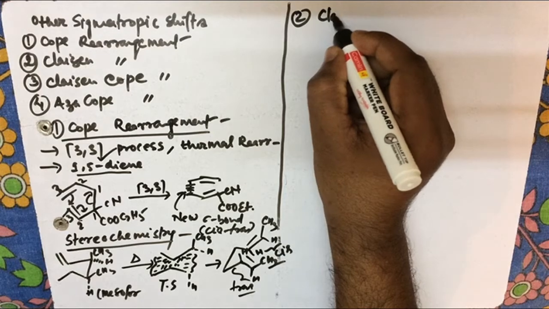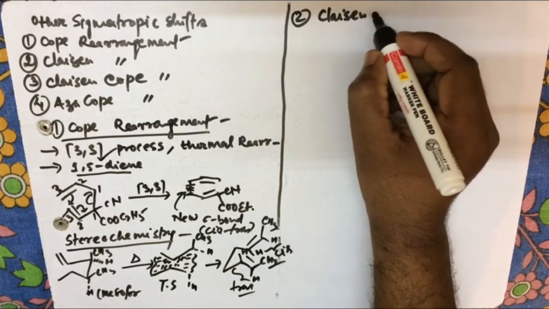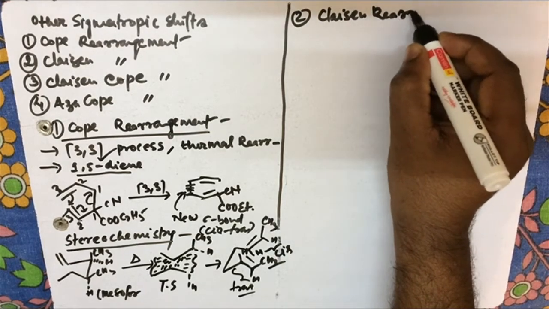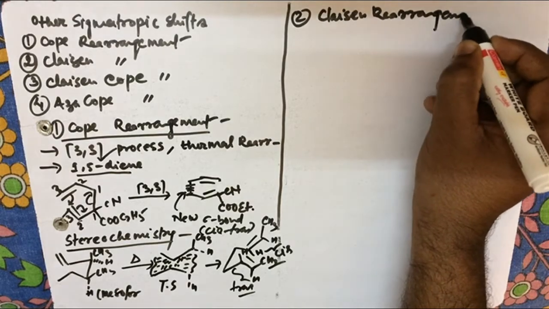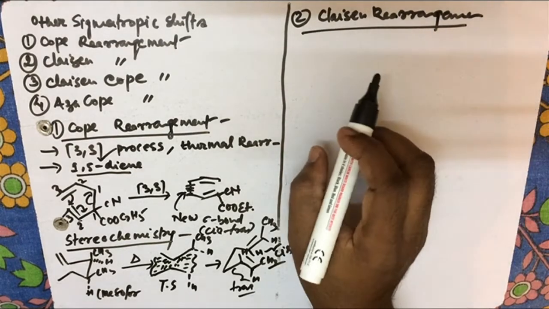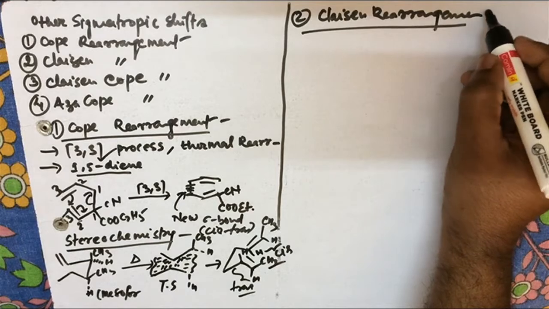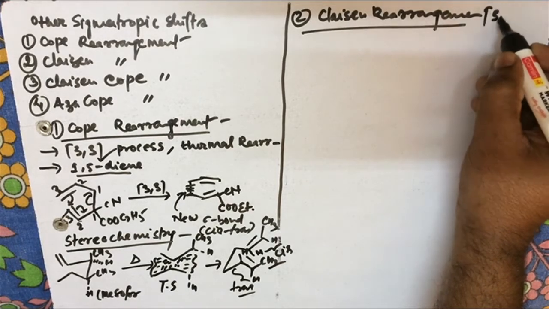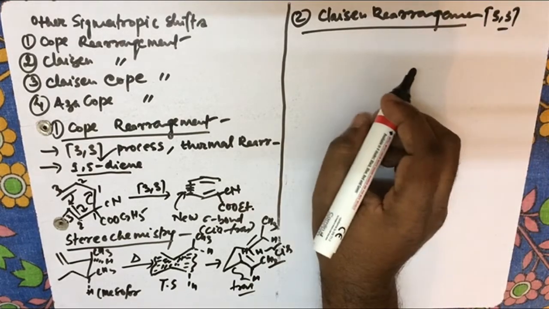The Claisen rearrangement also undergoes [3,3] sigmatropic rearrangement.